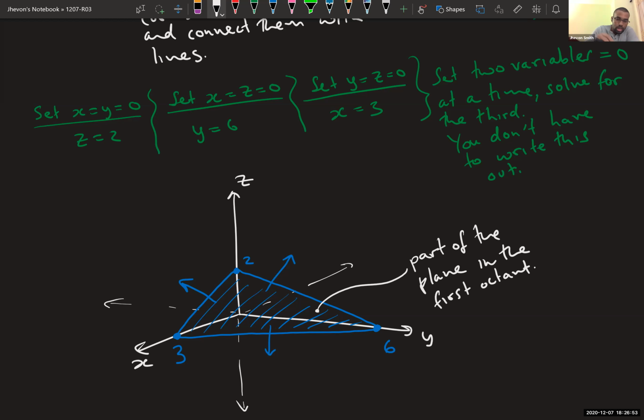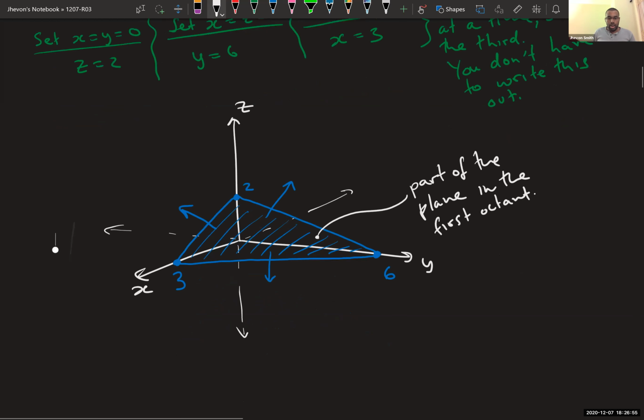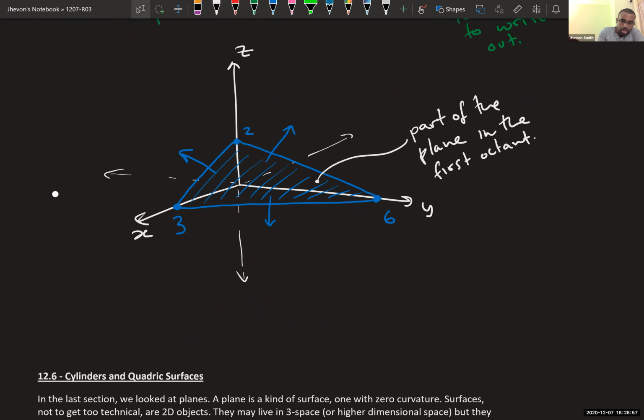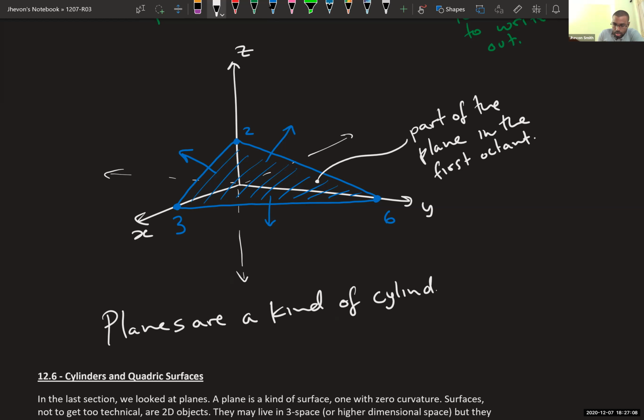Okay. Now, planes are a kind of cylinder. Normally when people think of cylinders, they think circular cylinders, but cylinders are actually way more general, and I'm going to talk about that now, and I'm actually going to show you how to sketch cylinders. So planes are a kind of cylinder.